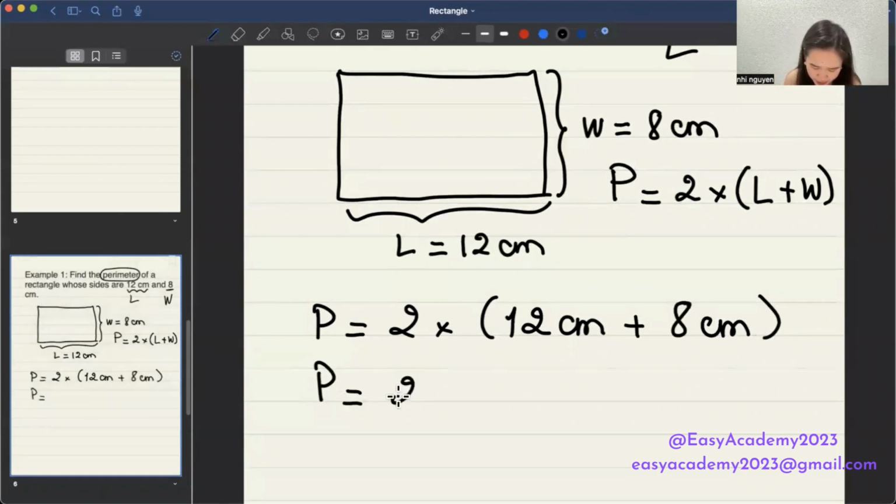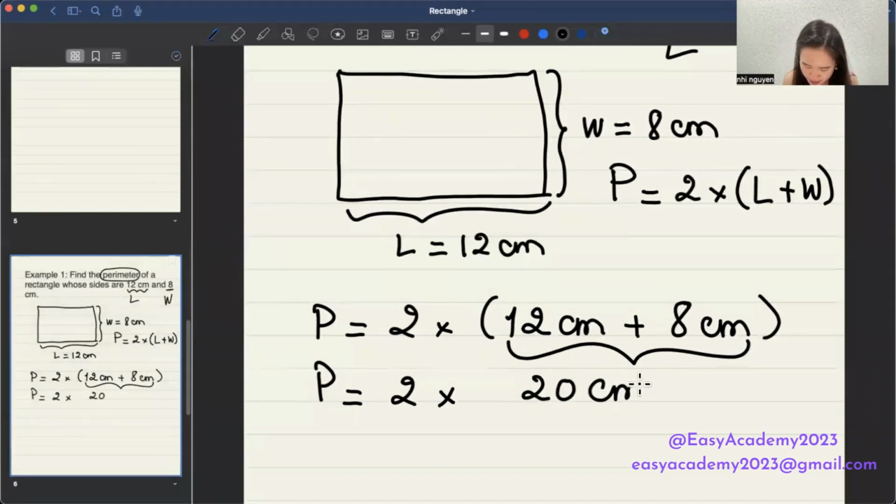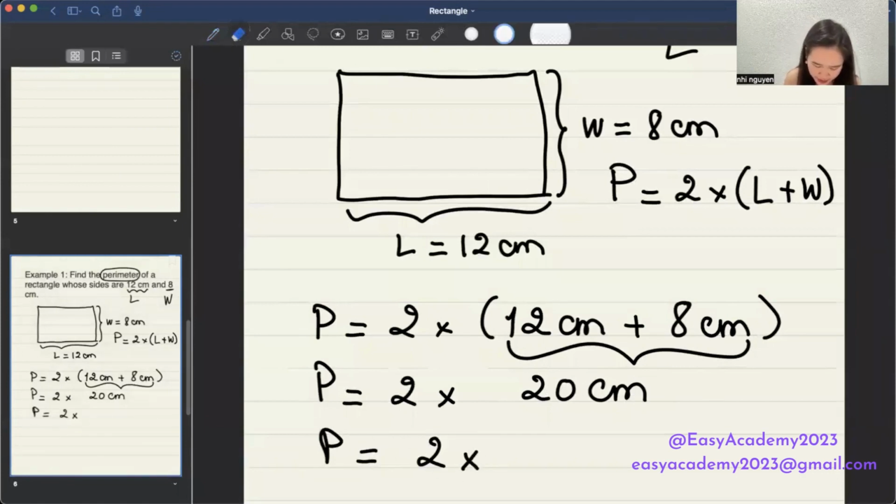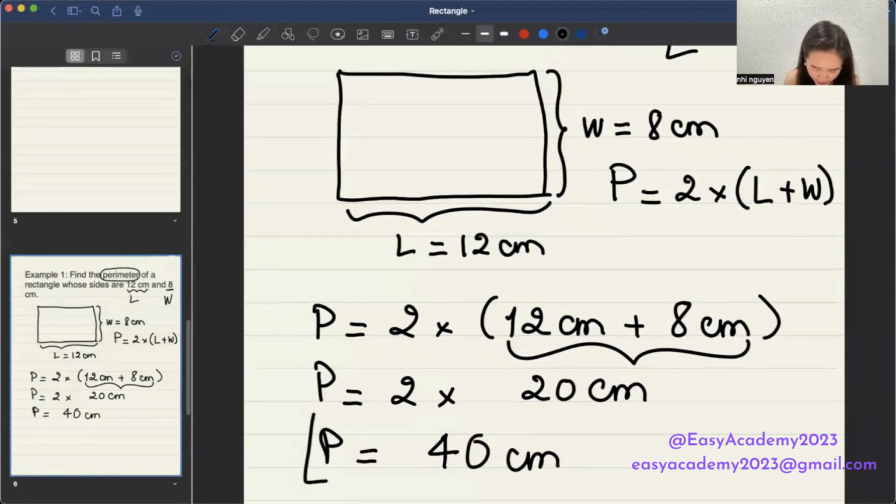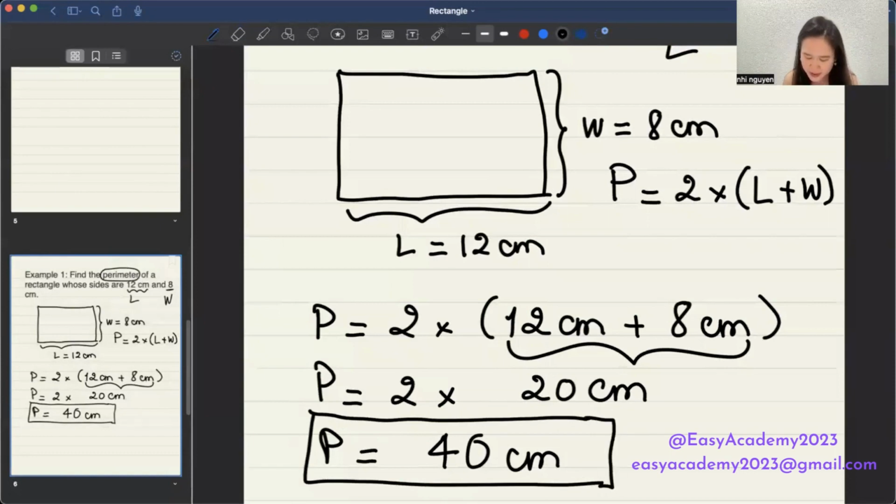P is equal to 2 times, we add 12 to 8, which is 20, so 20 centimeter. P equals 2 times 20 centimeter, which is going to be 40 centimeter. So our final answer is the perimeter of this rectangle is 40 centimeter.